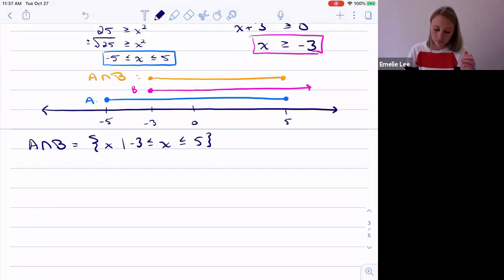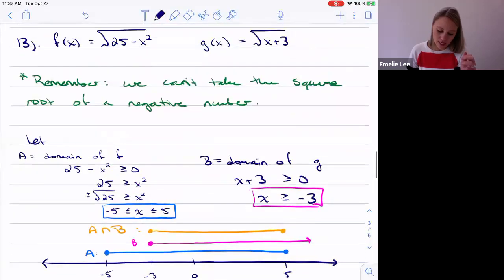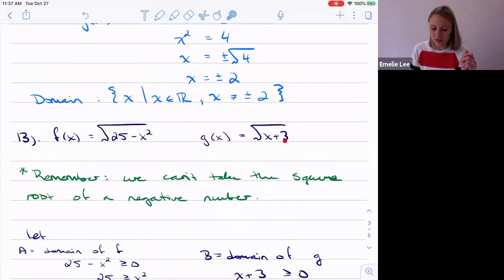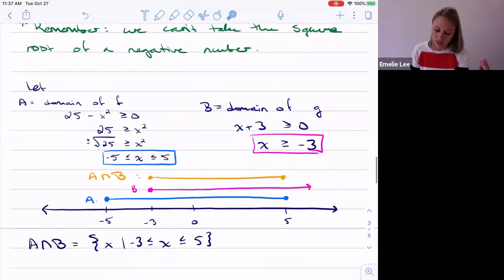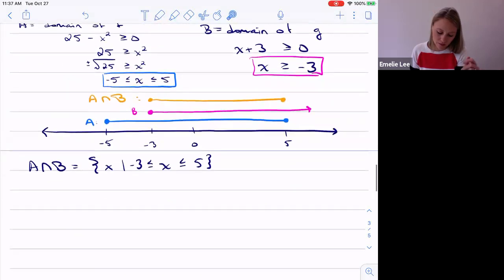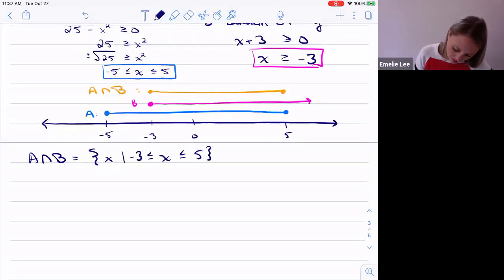And then for the last combination, we're saying g of x can't be equal to 0. So the only thing that changes is that it's equal to 0 if x is equal to -3. So I'm just going to pull that option out and just have x has to be greater than -3. But we'll deal with that when we get there.